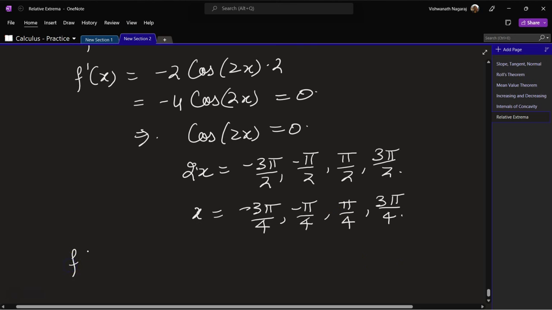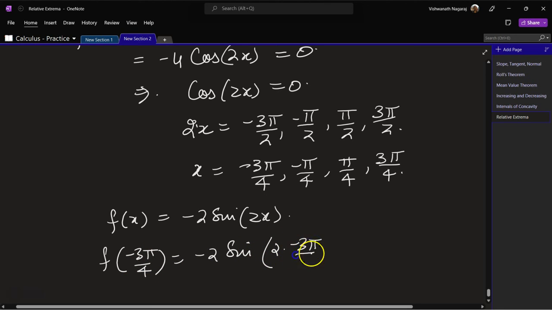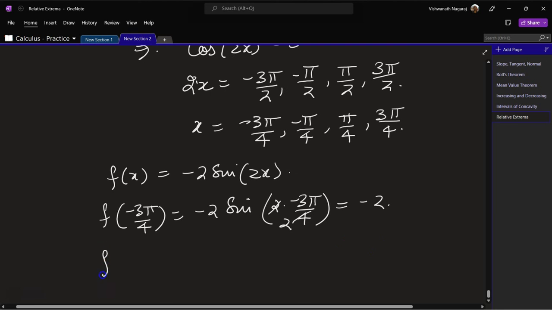Okay, now f double prime, or let's actually figure out the coordinates. So f of x is equal to minus 2 sine 2x, right? So let's figure out for each of these x values. So f of minus 3 pi by 4 is equal to minus 2 sine 2 times minus 3 pi by 4. 2 2's, minus 3 pi by 2, sine is 1 times minus 2 is minus 2. Okay, f of minus pi by 4.